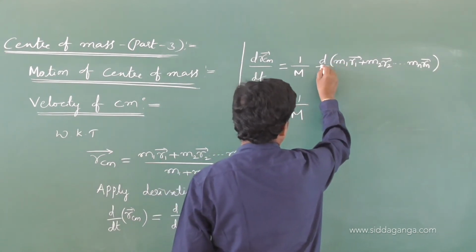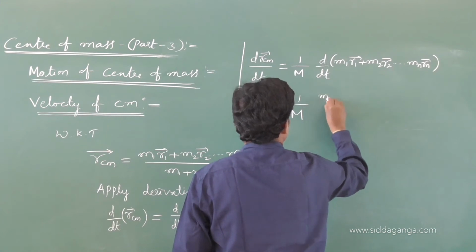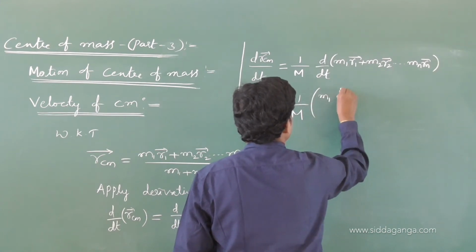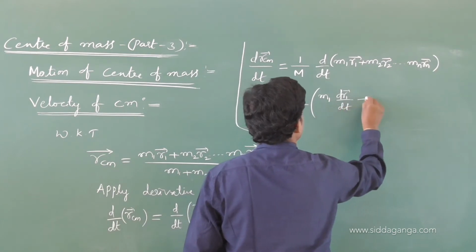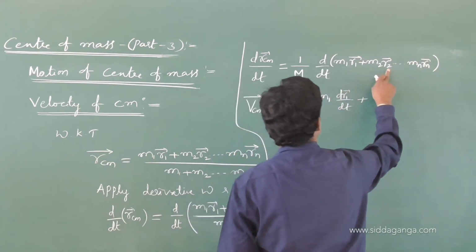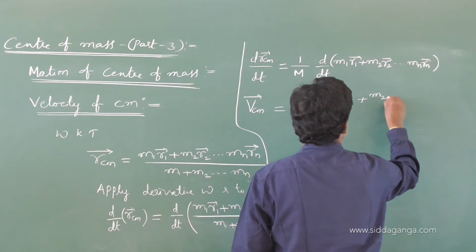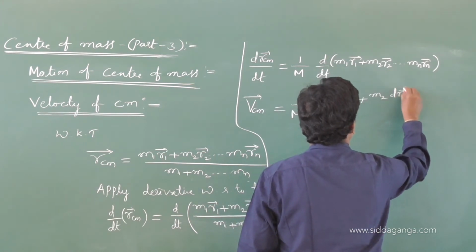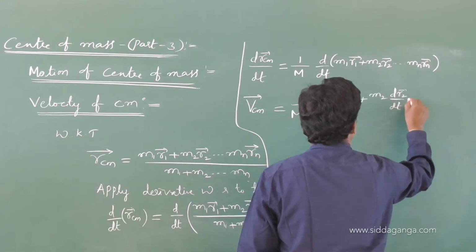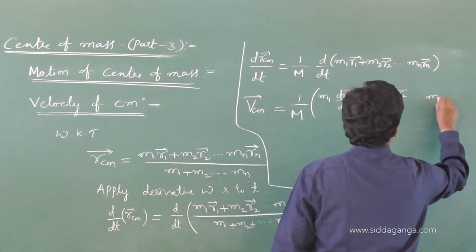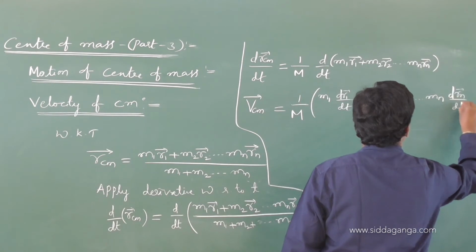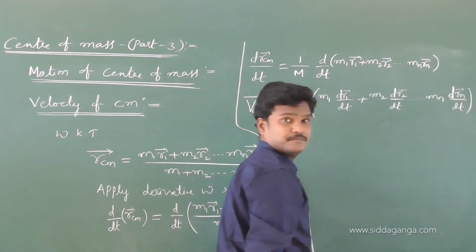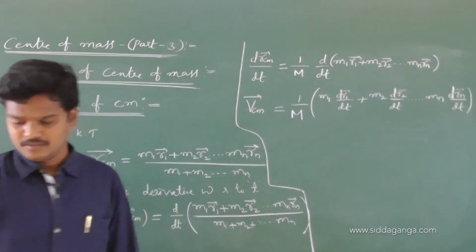I multiply d by dt for this r1, so m1 d r1 bar by dt, and d by dt for this r2, m2 d r2 bar by dt, so on mn d rn bar by dt.